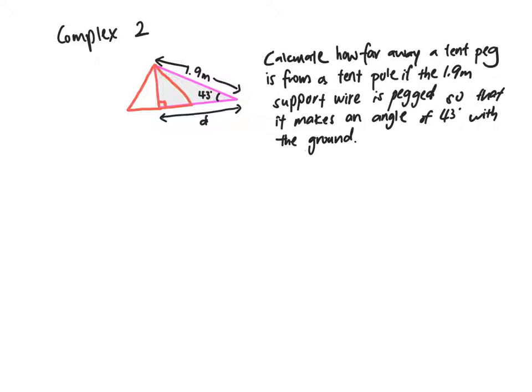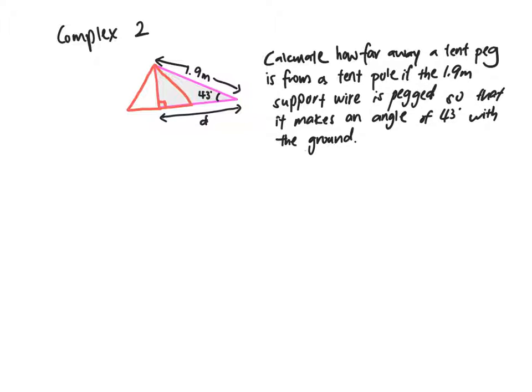So with the last question here, we have: calculate how far away a tent peg is from a tent pole if the 1.9 meter support wire is pegged so that it makes an angle of 43 degrees with the ground.